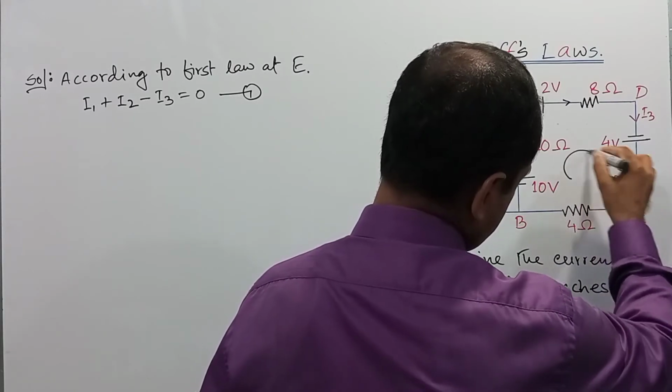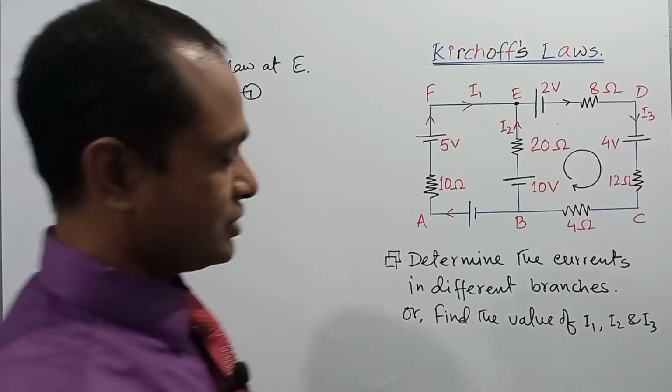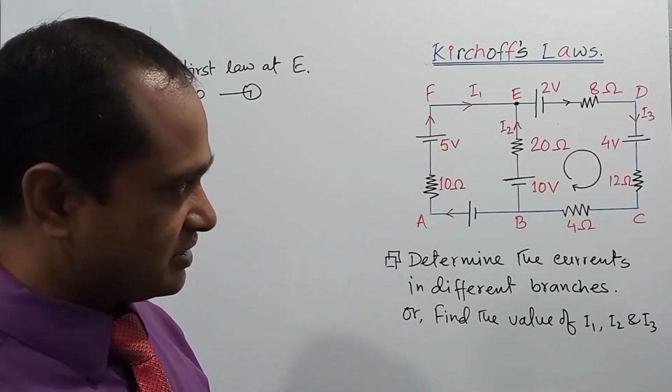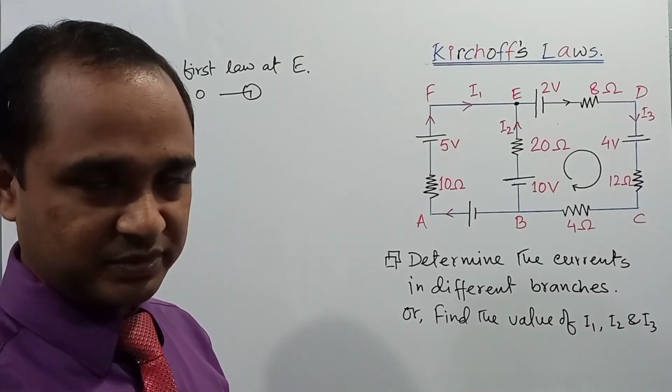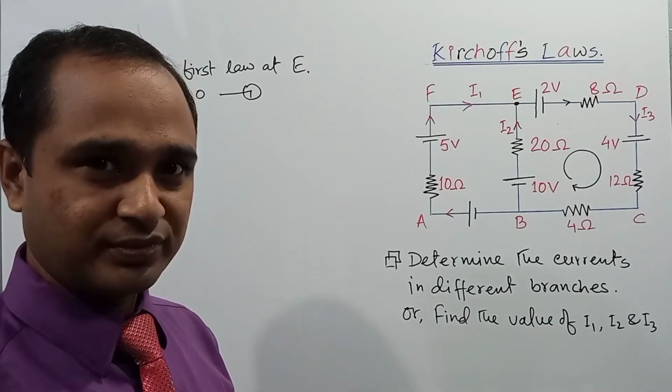According to the convention, we will consider the currents in the clockwise direction as positive, and the currents in the anti-clockwise direction as negative, as well as the direction of electromotive force.